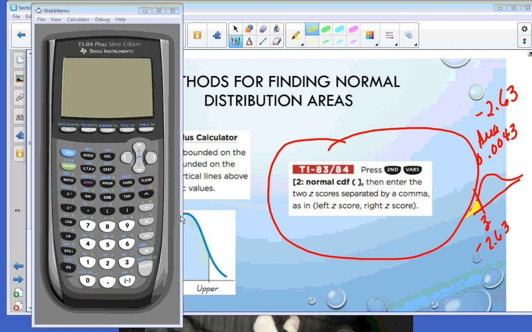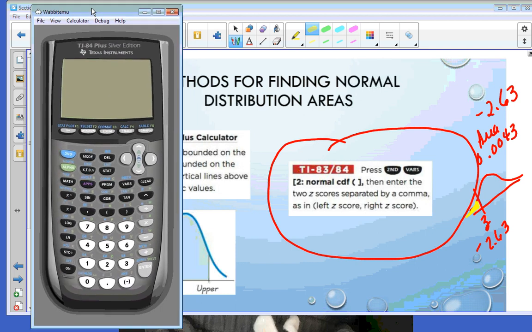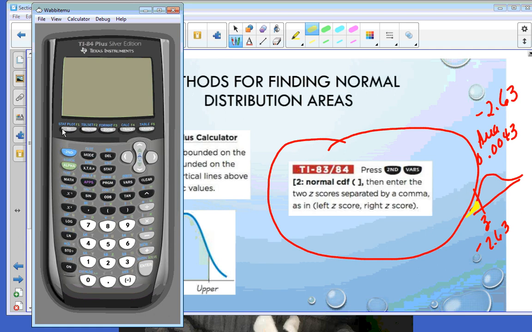Okay, now that I've got my calculator loaded, I can use the calculator to find the area under the curve. The way I'm going to do that using this problem, because I want the area from the very far left-hand corner up to where z is negative 2.63, I'm going to go to second vars or distribution.